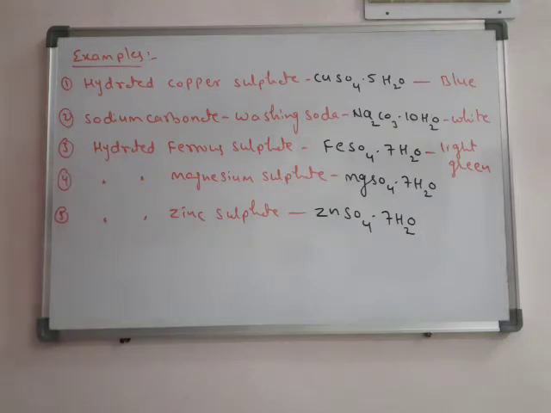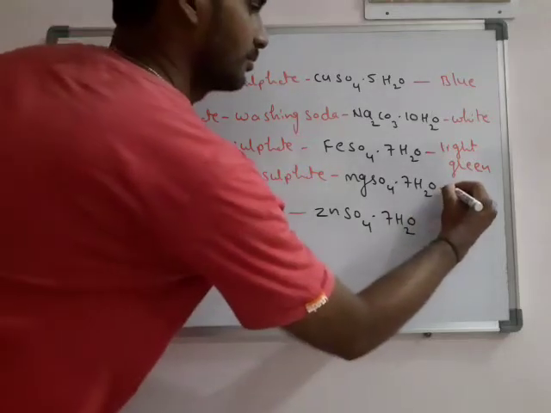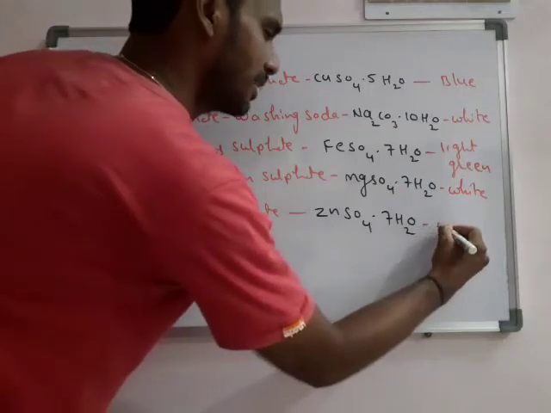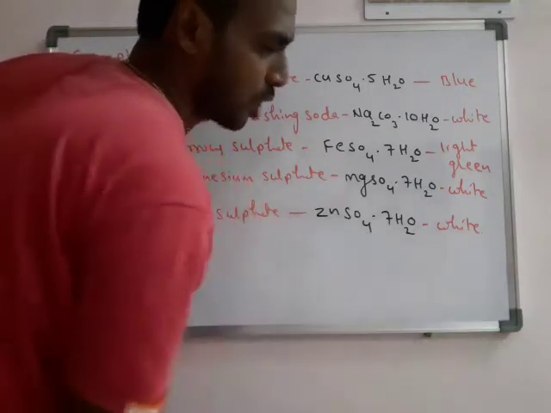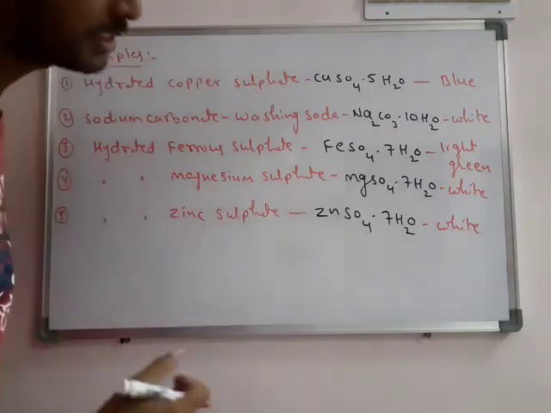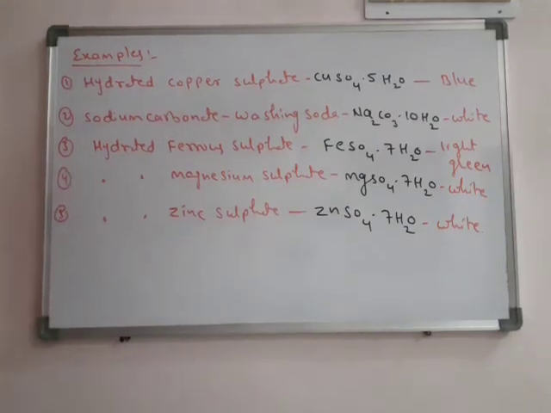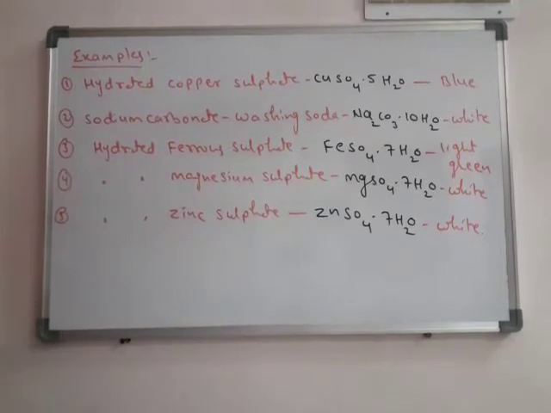Next, magnesium sulfate is present in white color only, colorless powder, just like chalk powder. So these are different examples of hydrated salts.